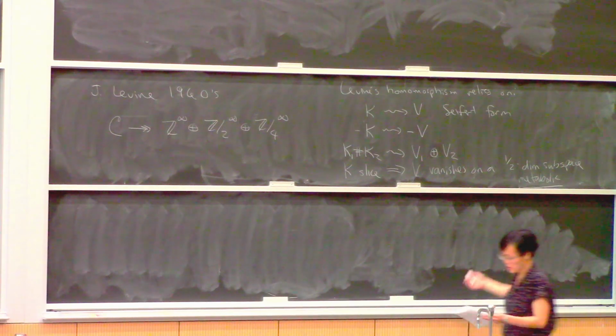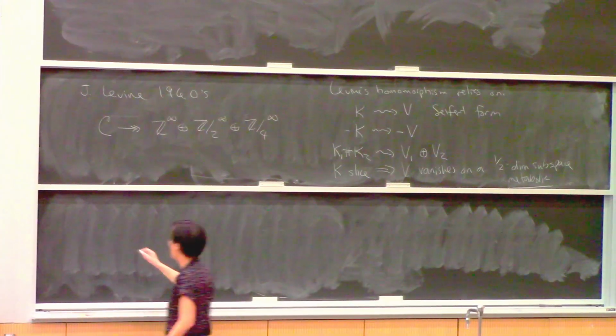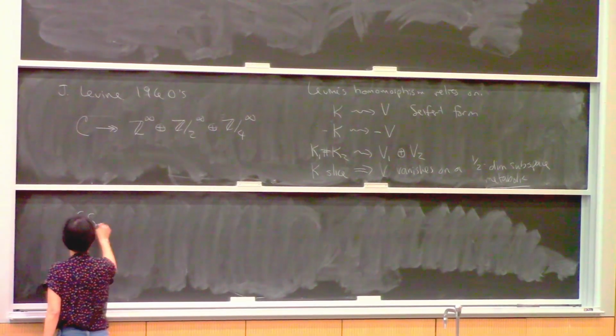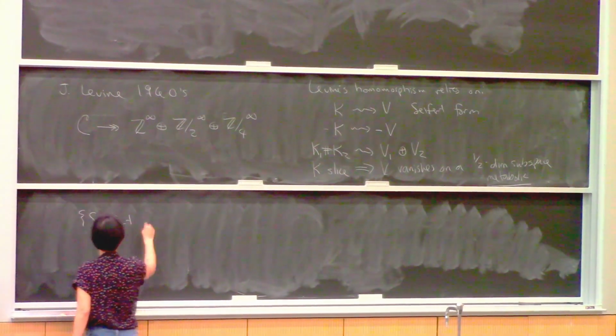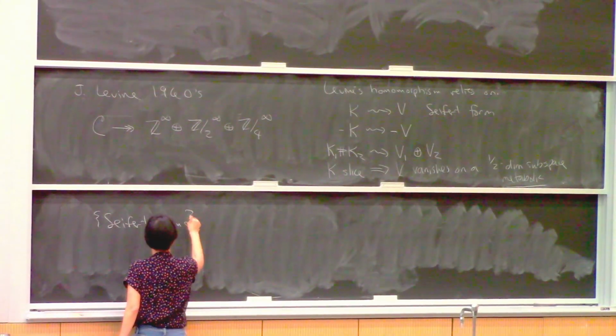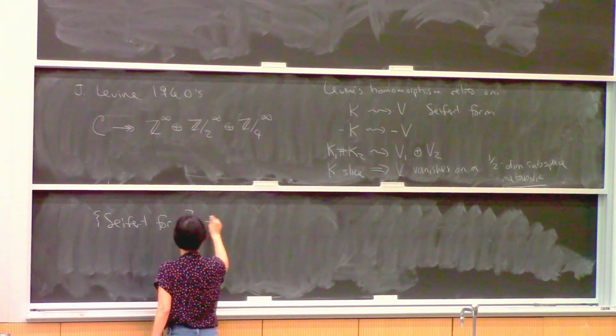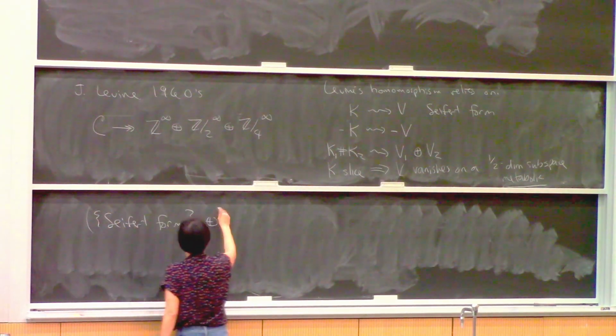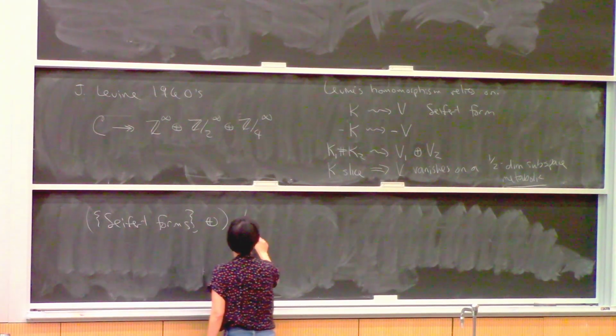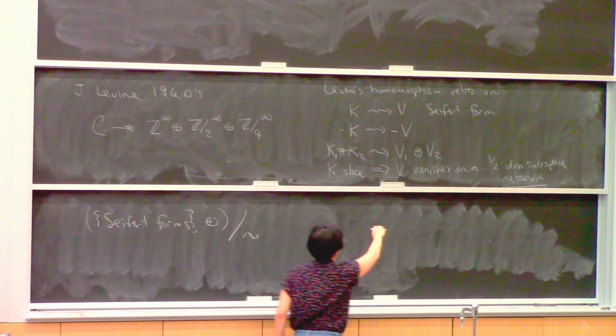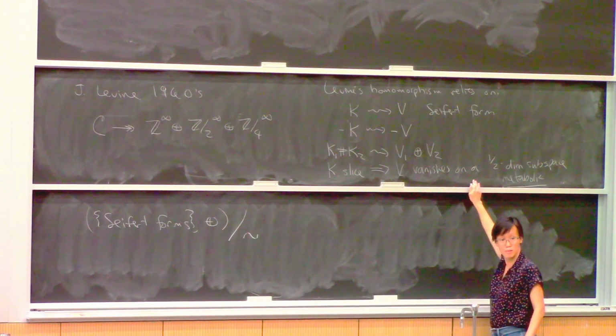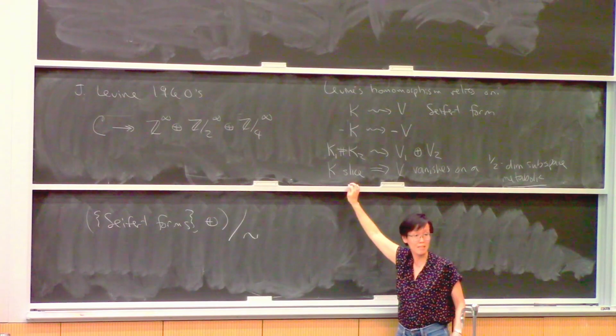And so here, we can look at the set of Seifert forms under the operation of direct sum. Then you can quotient by the equivalence relation, by these kinds of forms that correspond to slice knots.